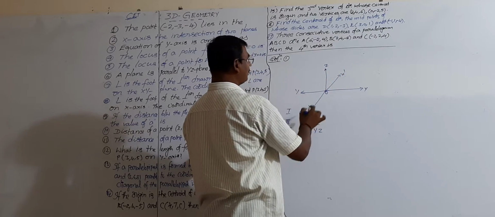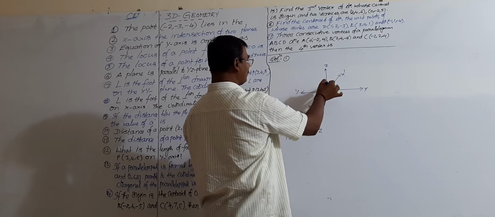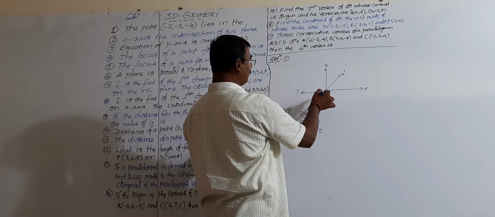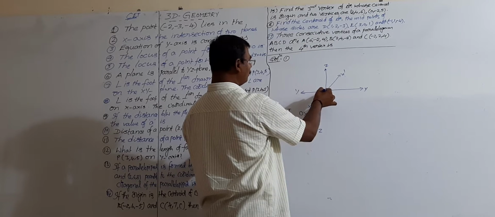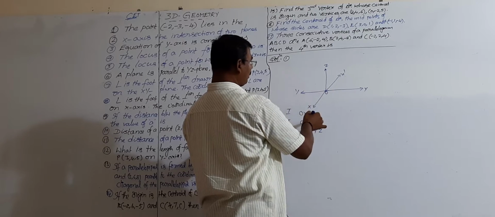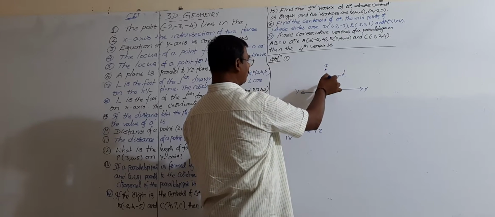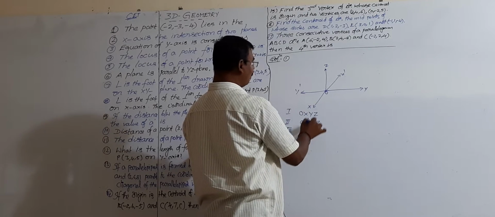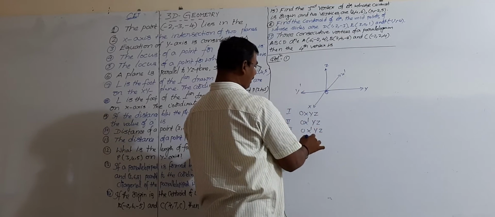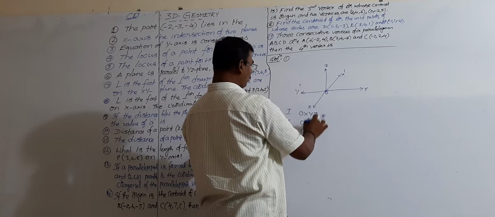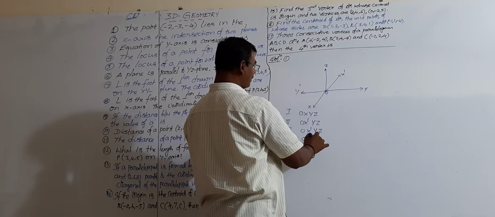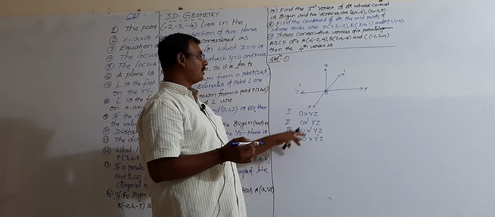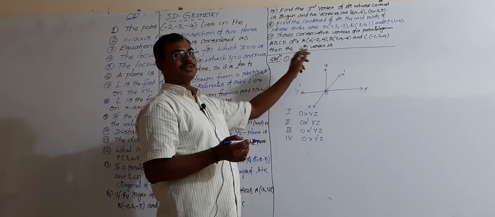Fourth octant, that is O x y dash z. So, these are the 4 octants with respect to the positive z-axis.